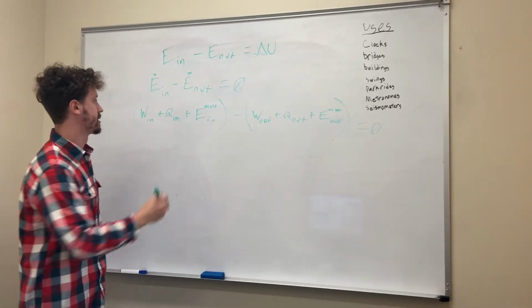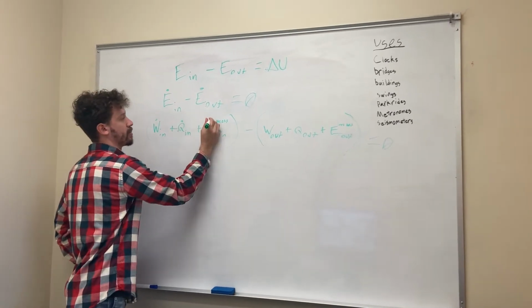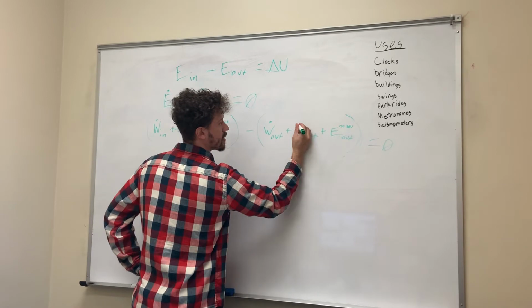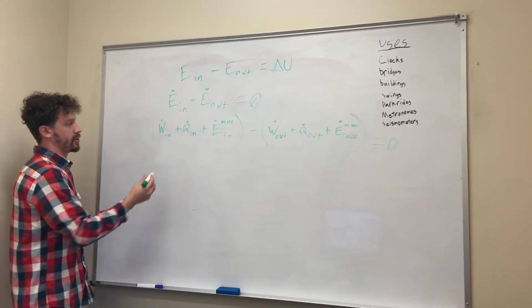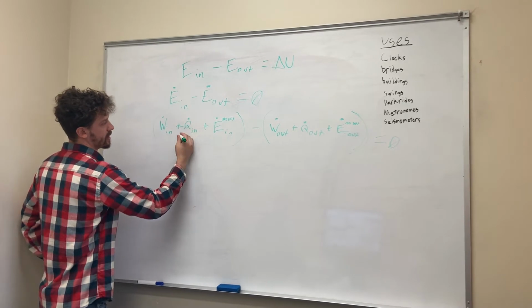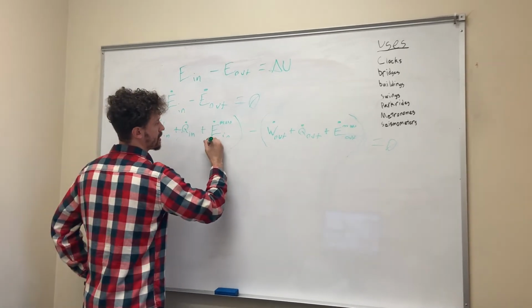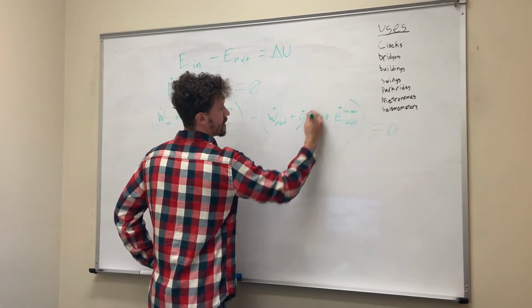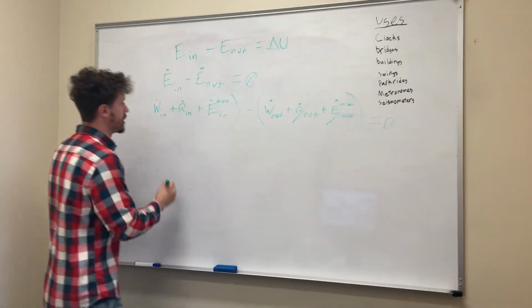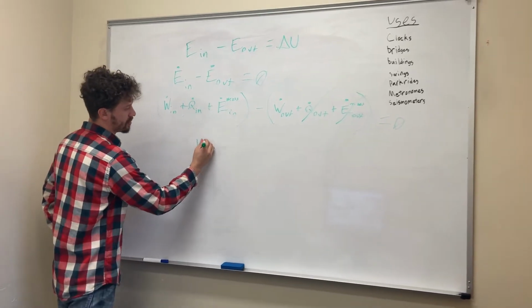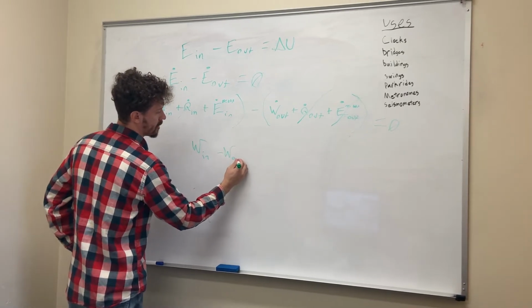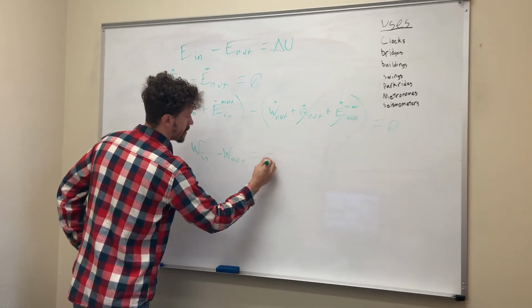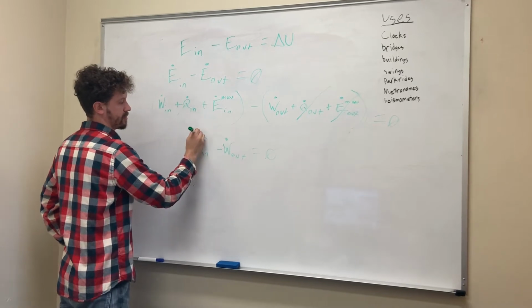Being that we're dealing with an adiabatic process, and we are assuming steady state, we can go ahead and eliminate heat in, mass flow in, heat out, mass flow out, and what we are left with is going to be work in minus work out equals 0 when it's in its rate form.